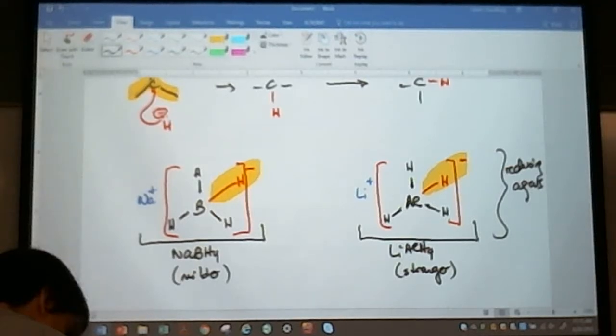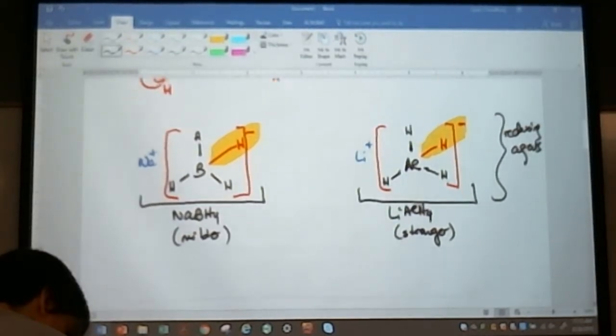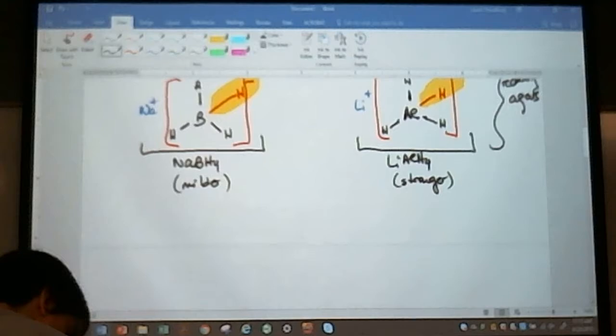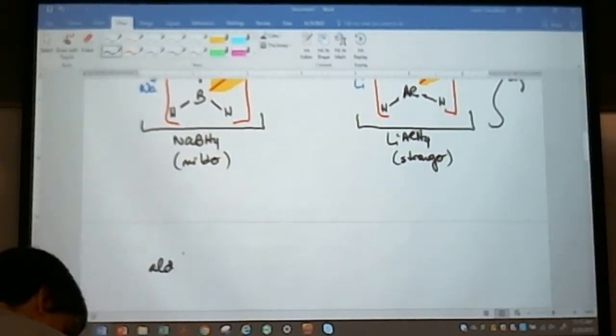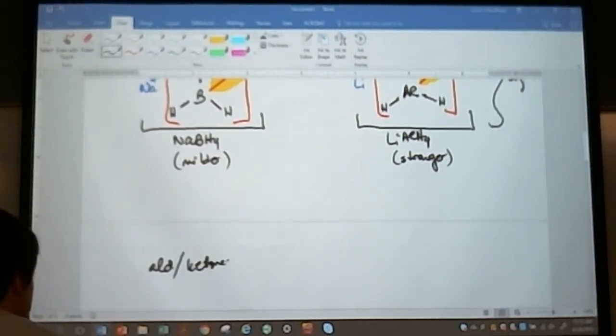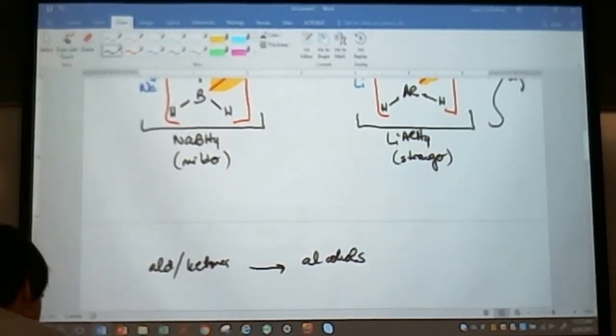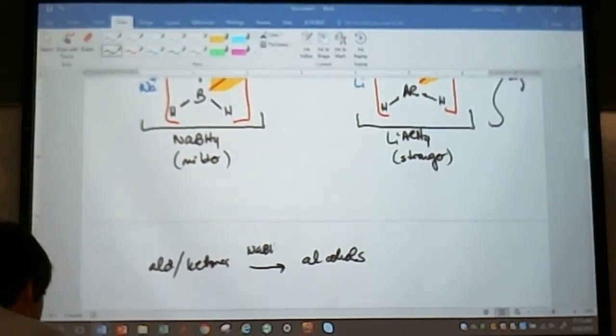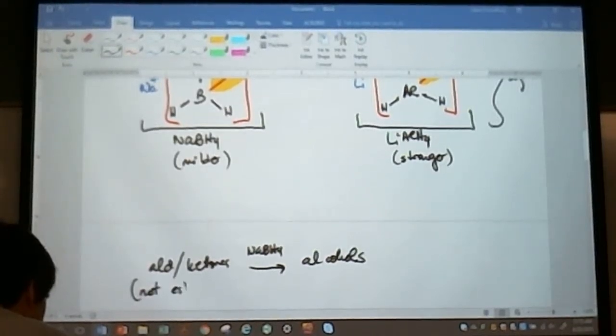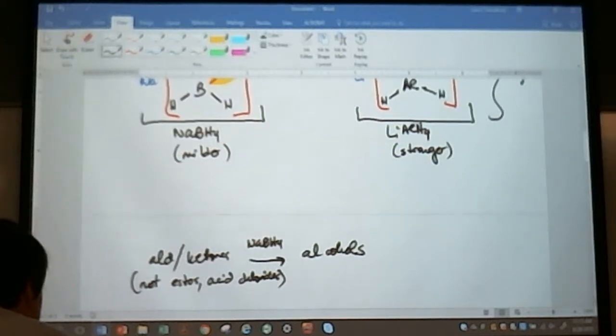A milder reducing agent like sodium borohydride will reduce aldehydes or ketones to alcohols, but not your esters or acid chlorides or things like that, because for that, you need a stronger reducing agent.